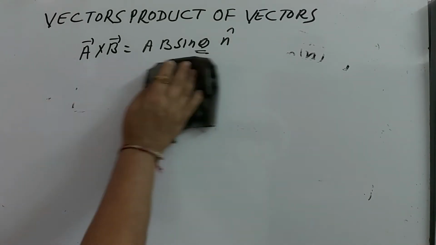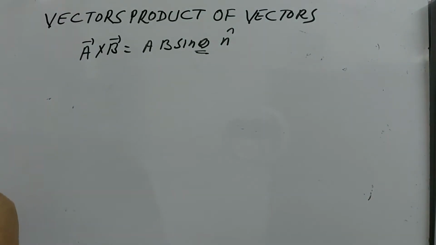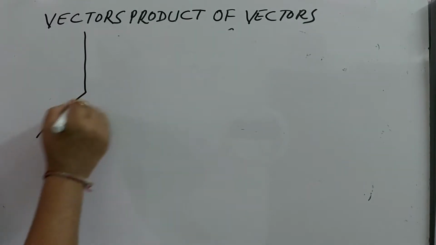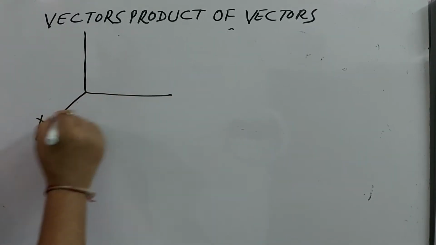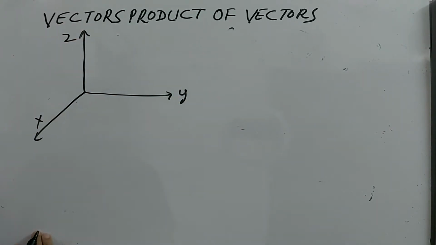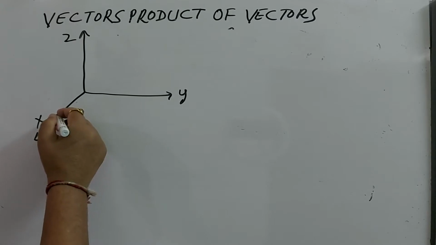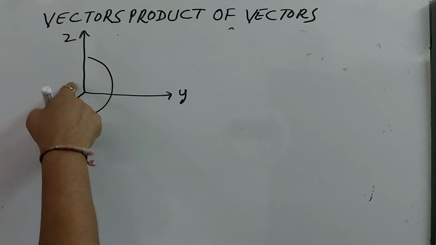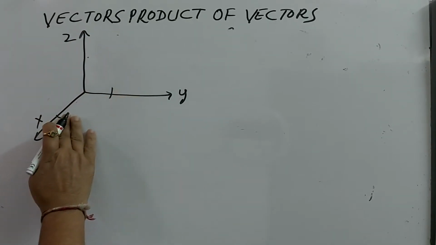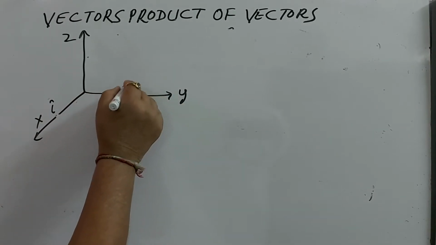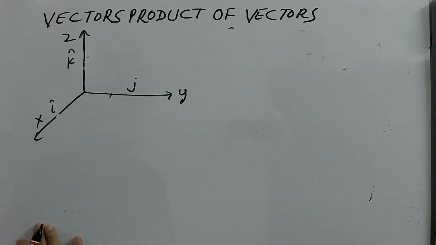Now in the coordinate system, we know this is the x-axis, this is the y-axis, this is the z-axis, and as I have earlier told you, this will be in the anti-clockwise direction like this. Now the unit vector along the x-axis is represented by i cap, along y it is j cap, and along z it is k cap.